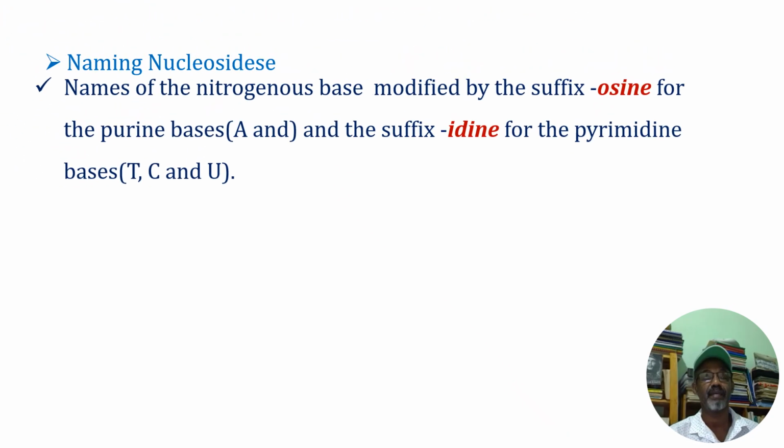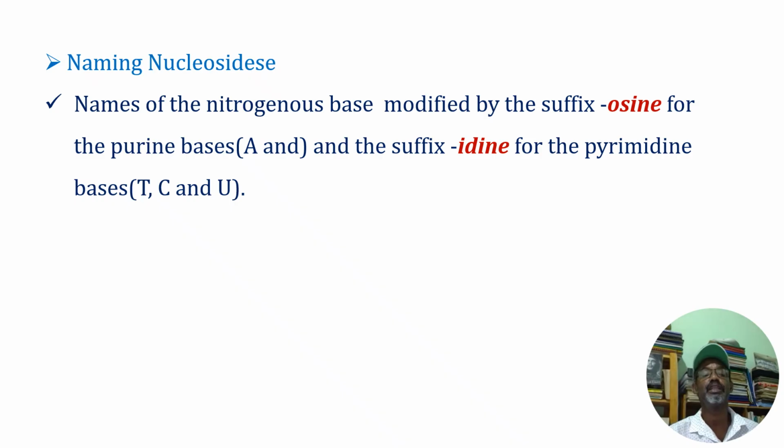Let's talk about naming nucleosides. I'm talking not about nucleotides, nucleosides. The name of the nucleoside is the name of the nitrogenous base modified by the suffix "-osine" for the purine bases A and G. Add G here. Sorry for my mistake.